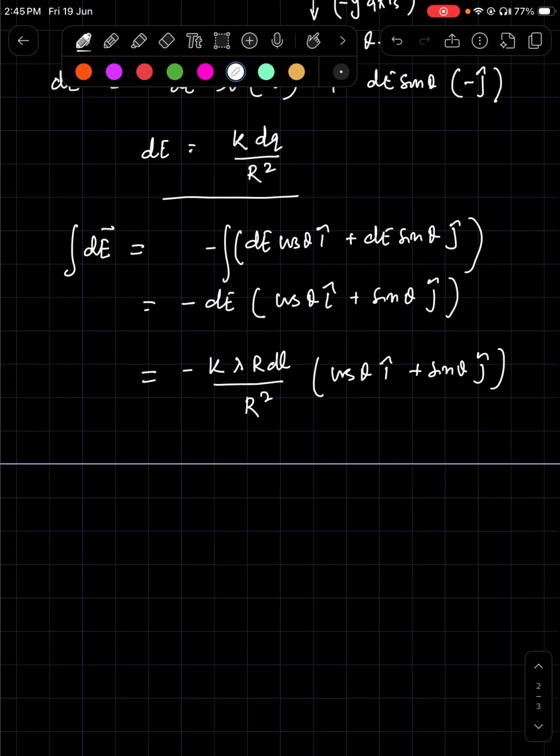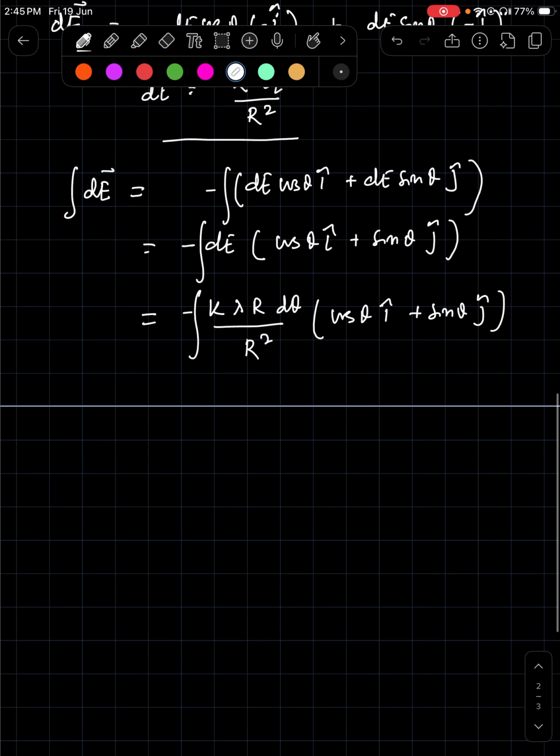We have to integrate everywhere, with d theta. One power of r will be gone, and k, lambda and r are common, so they are taken outside of the integration. The integration is now cos theta i cap plus sin theta j cap.